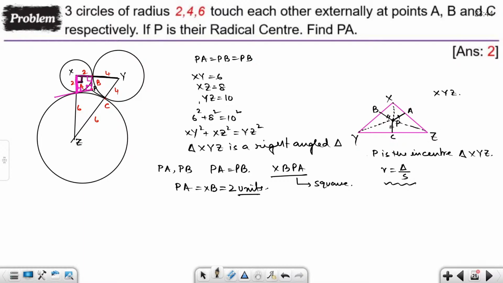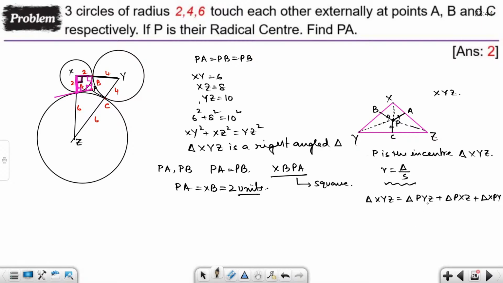That you can do. Number 1. Number 2. The area of XYZ is the same as the area of PYZ plus PXZ plus XPY. Am I correct or not?